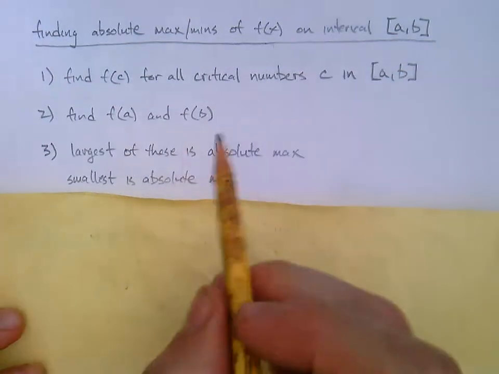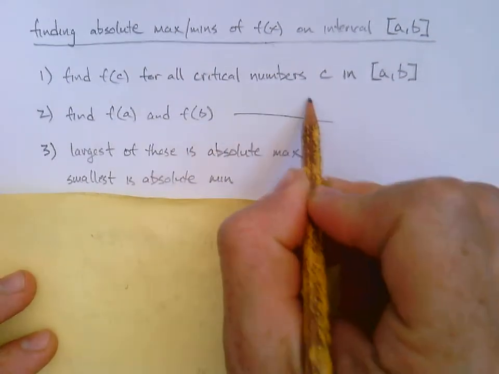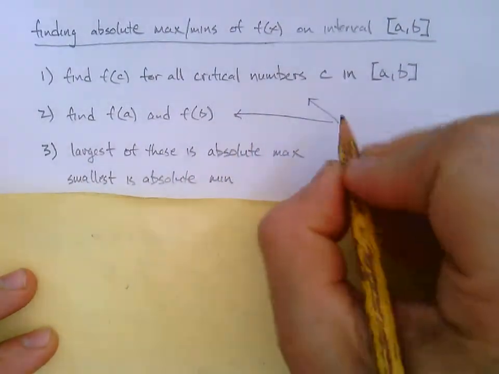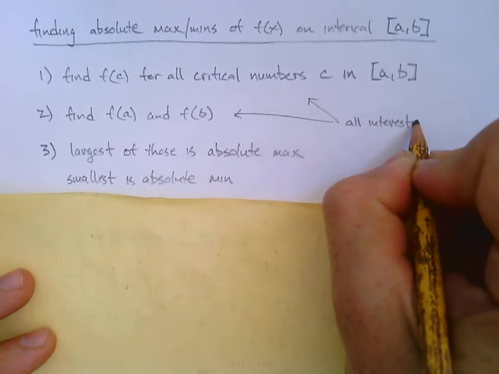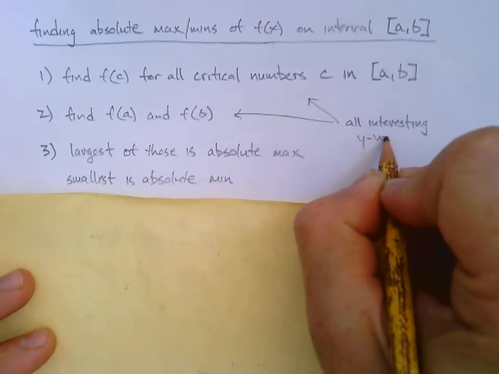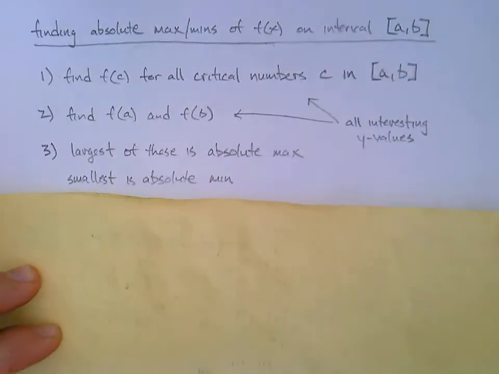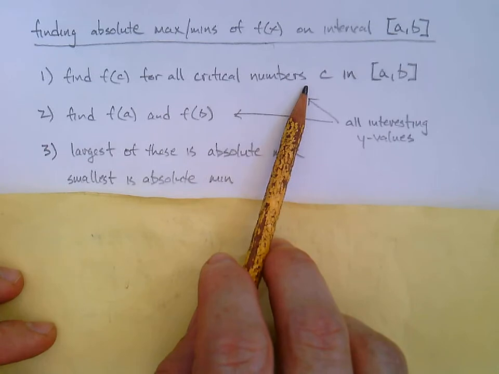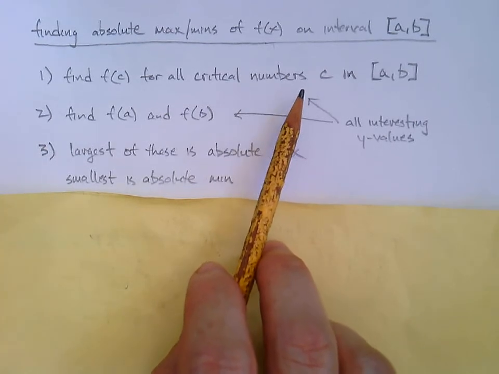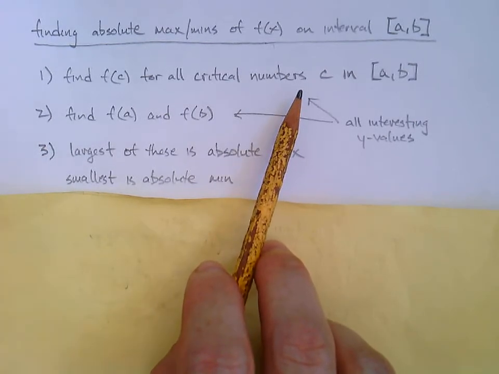So what we've done in these previous two steps is find all the interesting y values. What are the y values for the criticals? Those are interesting because they could be local maxes or mins.